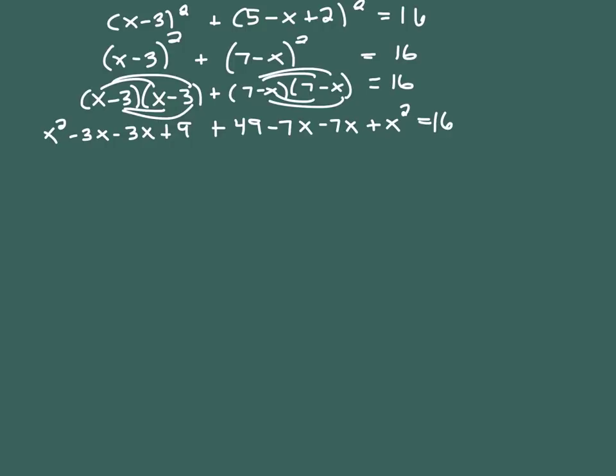All right, so now it's time to combine like terms. And you know what? Since we're going to have to get this side of the equation equal to 0 anyway, I'm going to subtract 16 and combine like terms all in the same step. Okay, so the right-hand side of the equation is equal to 0. Now, when we combine our like terms, we have an x squared and another x squared over here, which is going to give us 2x squared.